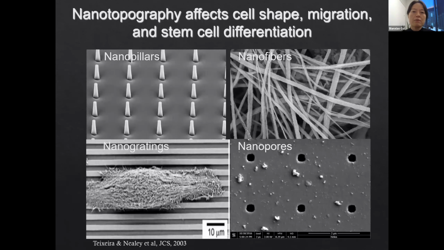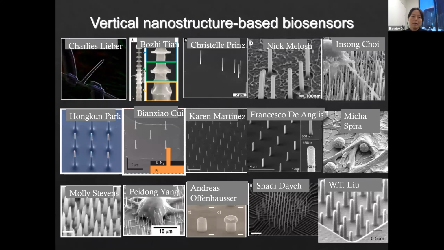Rough, irregular surfaces are usually difficult to study mechanistically, but nanofabrication has allowed us to fabricate precisely controlled topography, such as nanopillars, fibers, nanogratings, and nanopores. Instead of randomly arranged rough surfaces, these different topographies allow us to understand which specific topography cells prefer and what the fundamental mechanisms are.